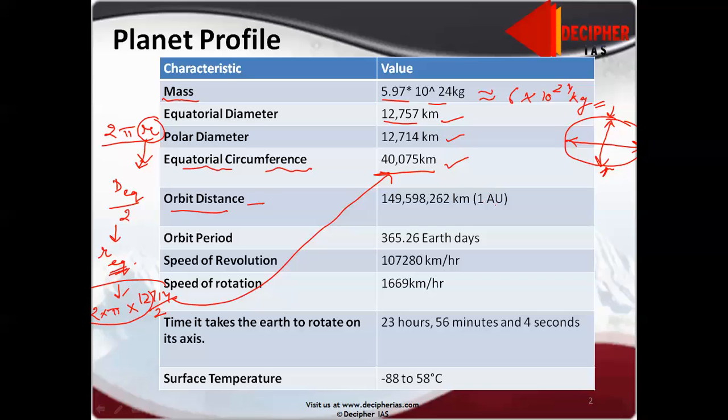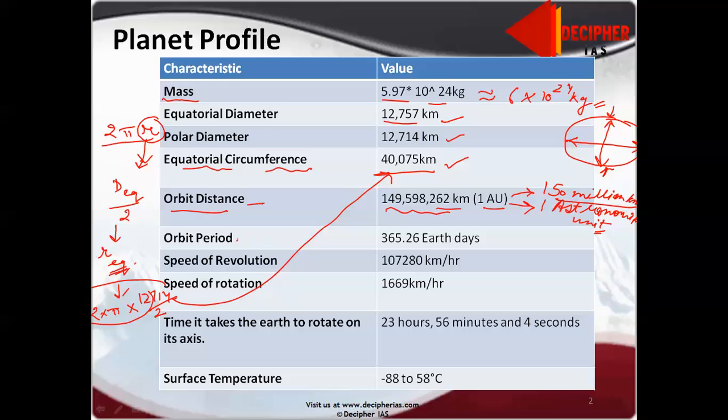Now the average distance between the Sun and the Earth is called 1 astronomical unit. 1 astronomical unit is the average distance between Sun and Earth. It is taken to be 149,598,262 kilometer, but you just remember it is 150 million. 1 million is 10 lakh. 150 million kilometers. So this much distance is there between Earth and Sun.